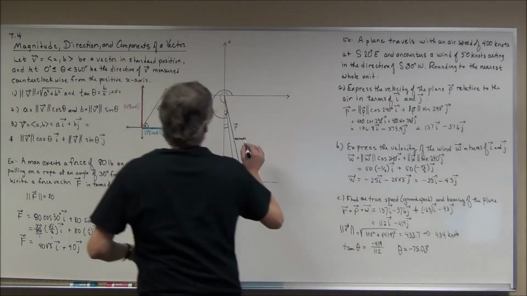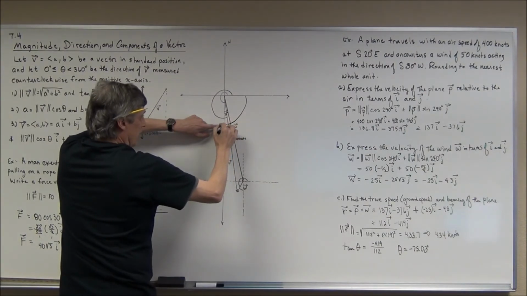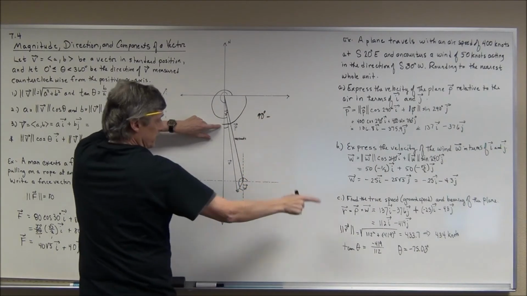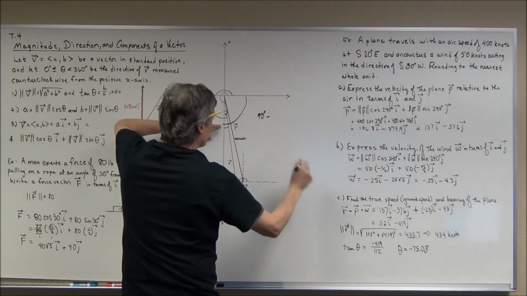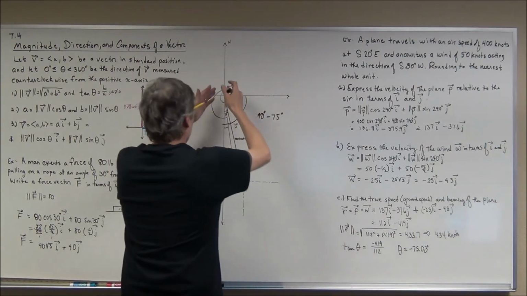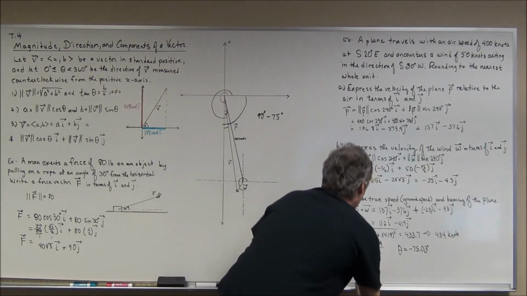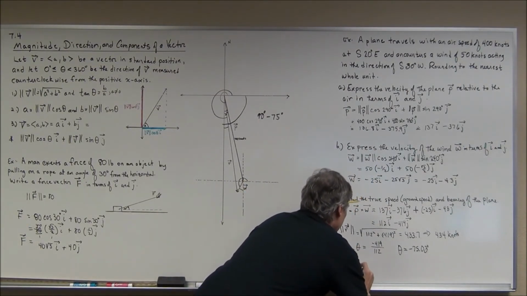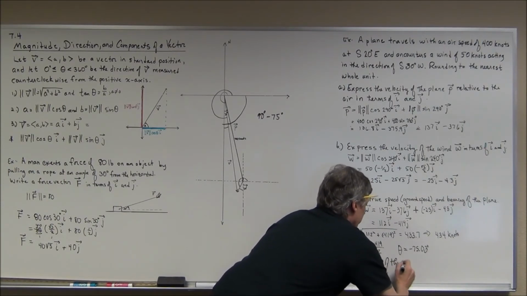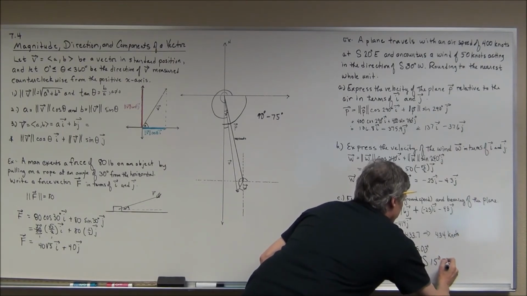So what they're doing here is I want this. So I need 90 degrees minus, and if we round it to the nearest whole number, minus 75 degrees. So the bearing is south 15 degrees east. So the bearing of the plane is south 15 degrees east.